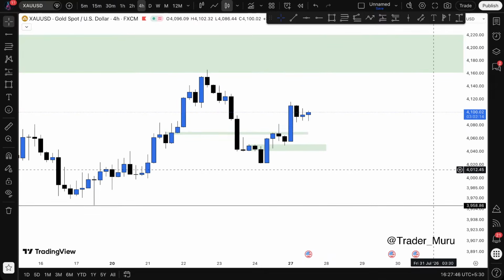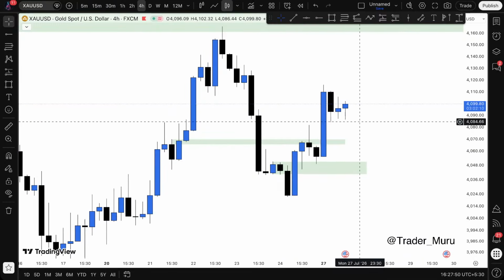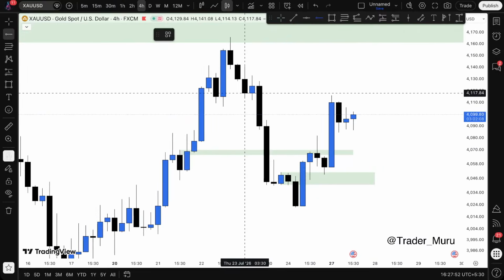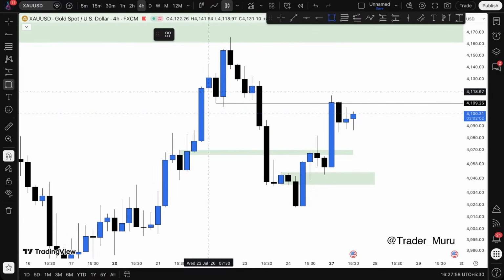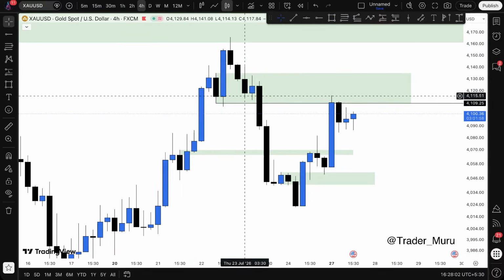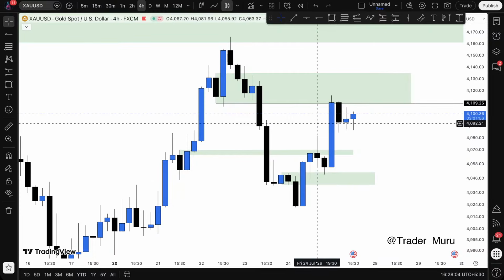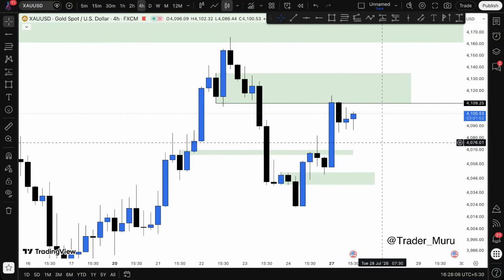If you remember, we already discussed that Monday will be a gap up opening and it will test the area of 4109, which is this order block, a 4-hour breaker block, and price did exactly the same thing we were expecting.